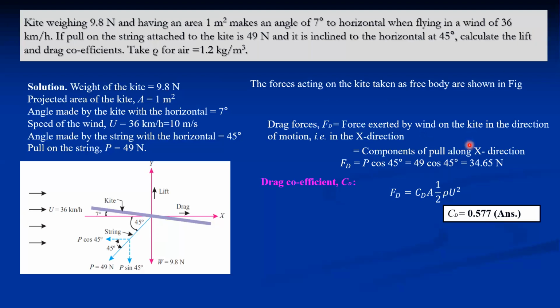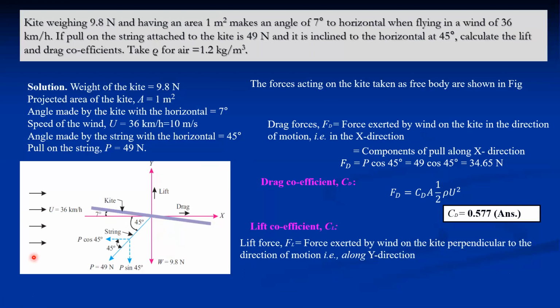Now for the lift coefficient, all vertical components are the lift components. So the lift coefficient CL is equal to the force exerted by wind on the kite perpendicular to the direction of motion, that is along the y direction.